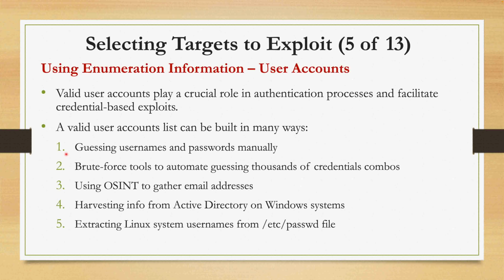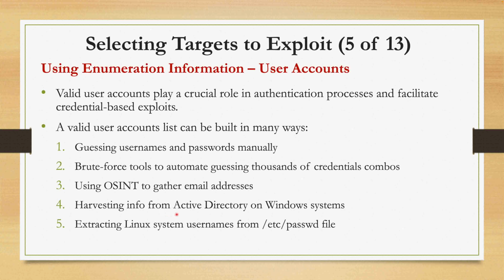Guessing usernames and passwords manually involves attackers trying common credentials or patterns. Brute force tools can automate the guessing process for us, which means it allows attackers to test thousands of combinations quickly. Open source intelligence, OSINT, is used to collect email addresses, usernames, or any public information which can assist in learning more about the target and executing social engineering attacks.